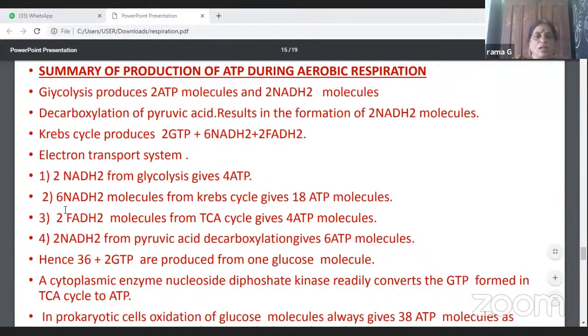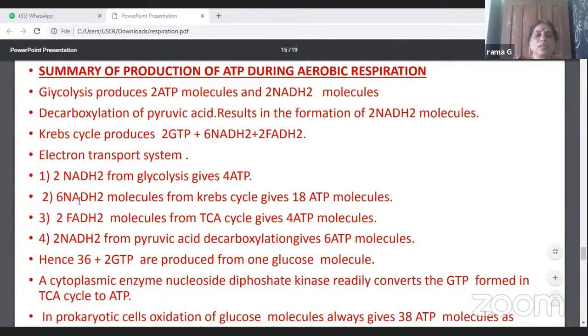Then during the Krebs cycle, 6 NADH2 molecules and 2 FADH2 molecules are produced, and during the decarboxylation or intermediate stage between the glycolysis and Krebs cycle, there also 2 NADH2 molecules are produced. So here each NADH2 molecule gives 3 ATP molecules.